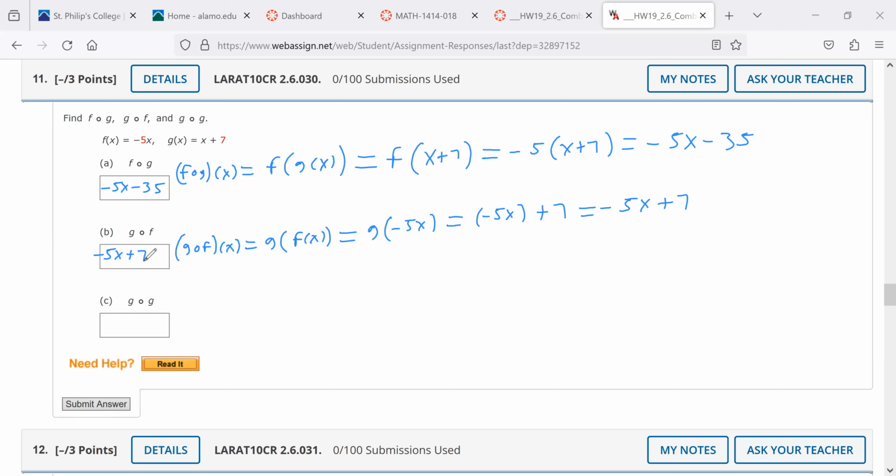You can also compose a function with itself. So g of g. You plug in G inside G. It's weird, but G is x plus 7, so you're going to have x plus 7 going in as the input, and then the function adds 7. So there we go.